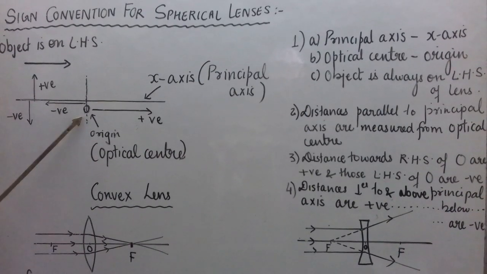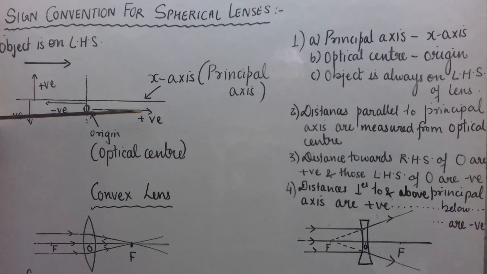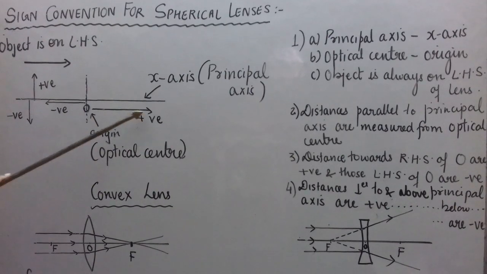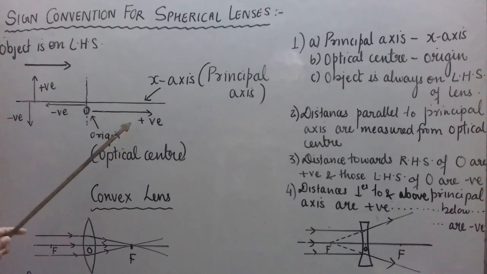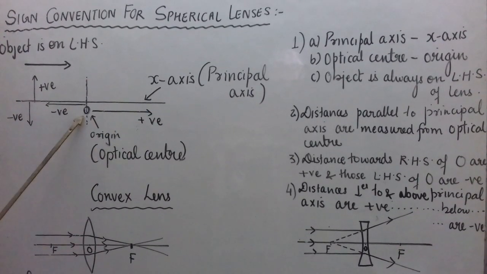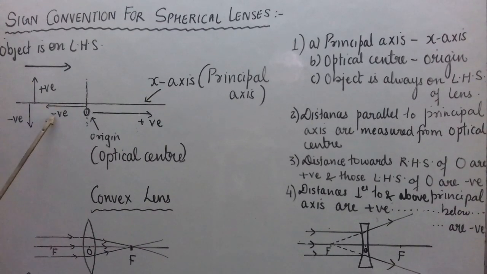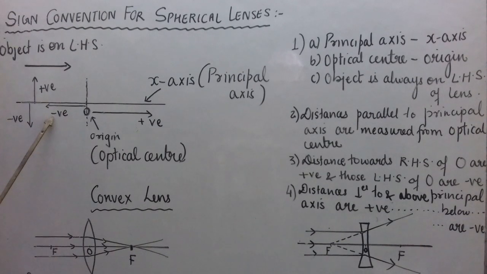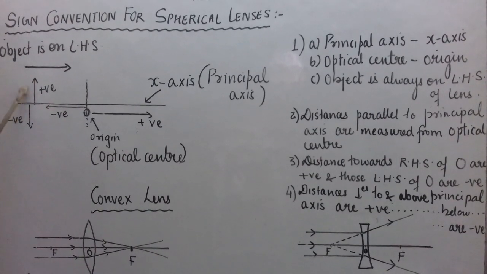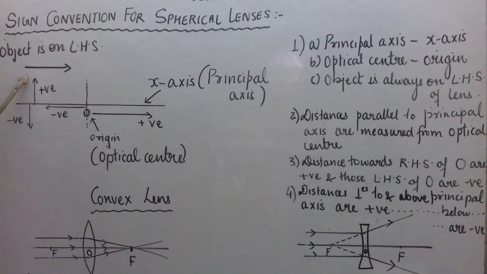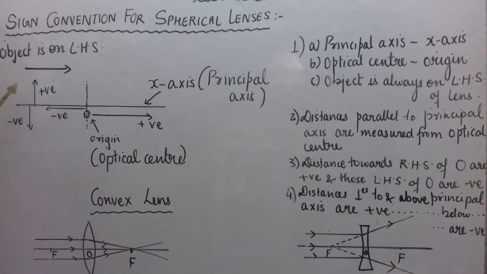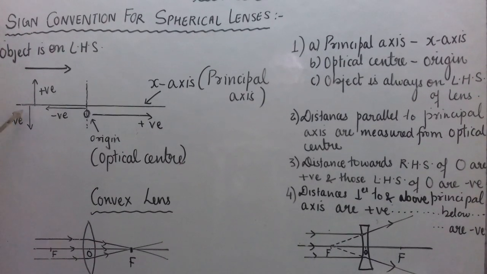Next, distances measured parallel to the principal axis and towards right hand side of O, origin, are taken as positive. Those measured parallel to the principal axis and measured towards left hand side of O are taken as negative. These distances are perpendicular to the principal axis and this is above it and this is below it.